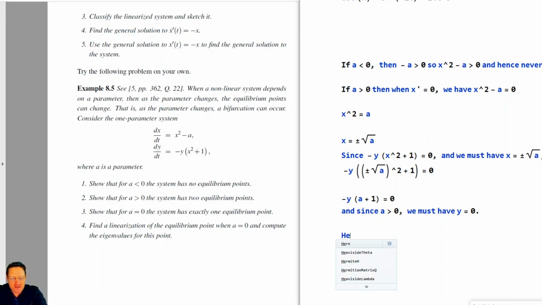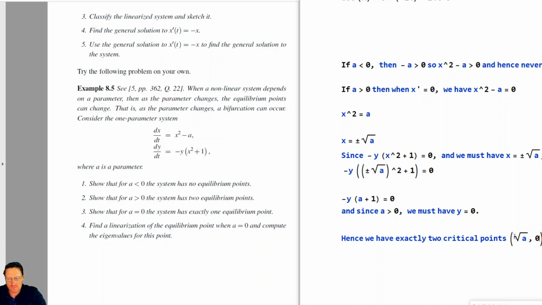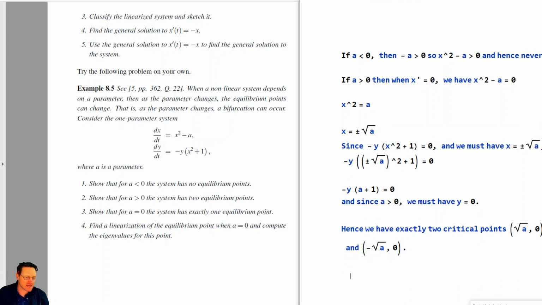So we'll say hence we have exactly 2 critical points, plus root A, 0 and minus root A, 0. Okay, so that completes the second one.